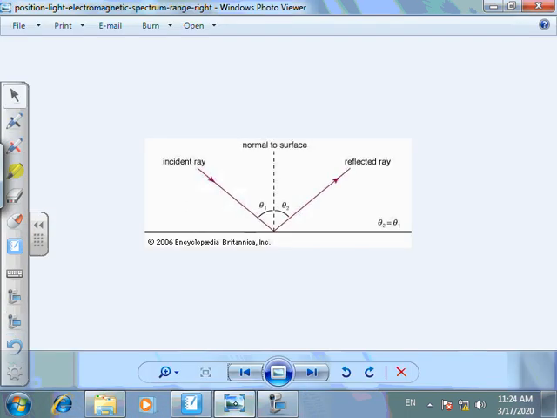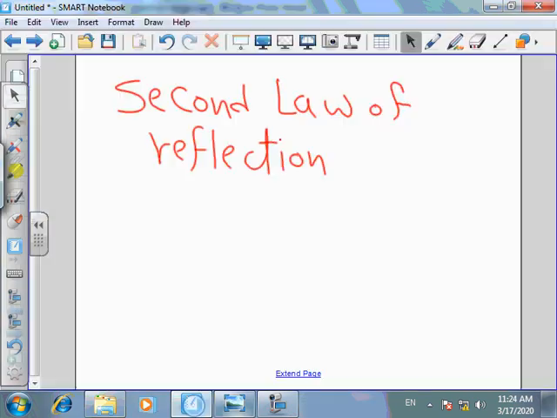Let's use our image here to remember it. The normal is in between the incident light ray and the reflected light ray, and angle number 1 is the angle of incidence, angle number 2 is the angle of reflection. In the second law, we depend on the incident light ray, the reflected light ray and the normal. So let's bring them together in one law.